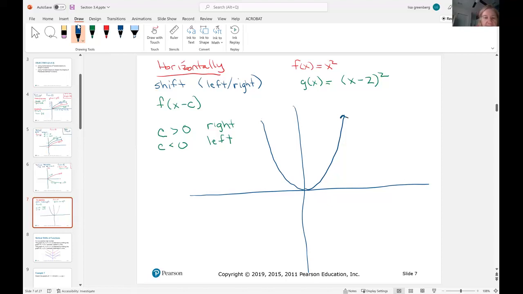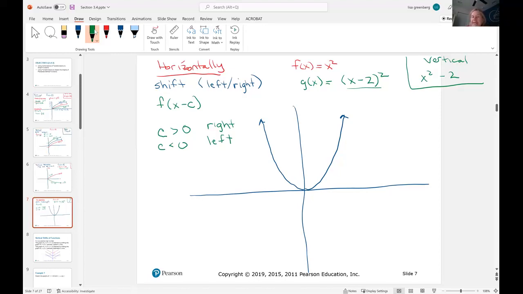Okay. And if I say I want x minus 2 squared, now notice that's different than when we had it vertically. It was x squared minus 2. Now these are very different. Vertically, it's outside of the function. The function here is squared.